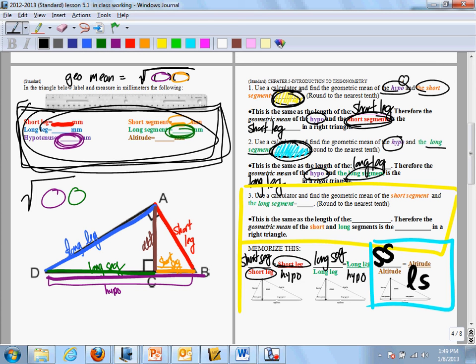If you have the short segment here and something here over the hypo, whatever that would be close to. What if we had to do this problem backwards? How would we know which one to use? Okay, so you should have it go backwards.